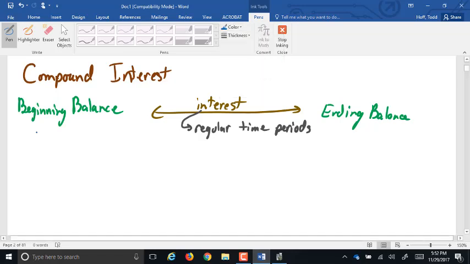This beginning balance, since usually that's where we're at right now, is referred to as the present value. The ending balance, something we're going to have at some point in the future, is called the future value.